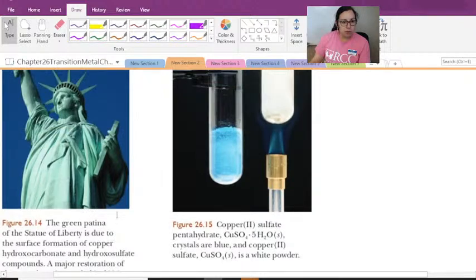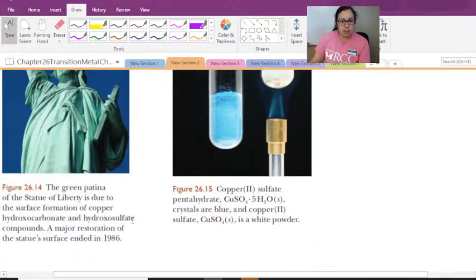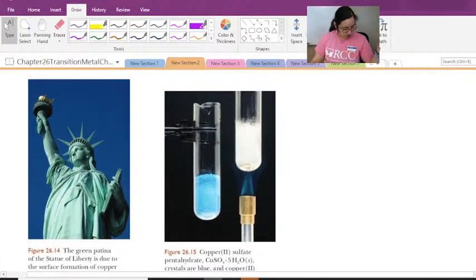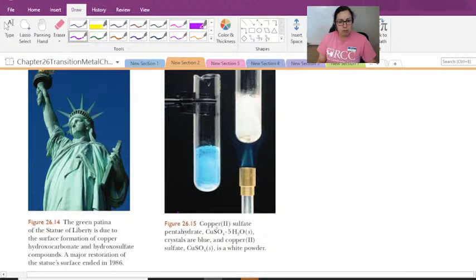It's probably better for it that it's nice and green and protected. Copper can also undergo different colors, as we've mentioned before. For example, copper 2 sulfate pentahydrate is blue, but if you dehydrate it and make pure anhydrous copper sulfate, that would be a white powder.